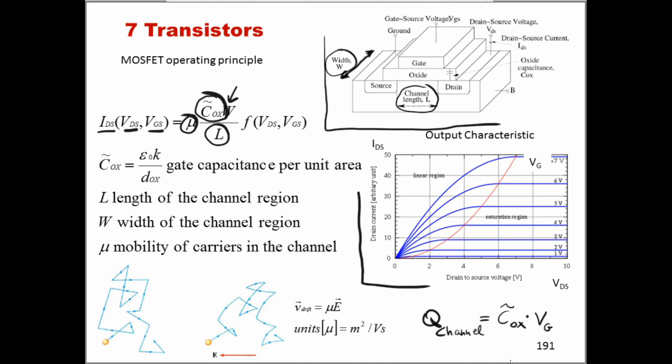And so that's why we should expect that COX should be at the numerator.